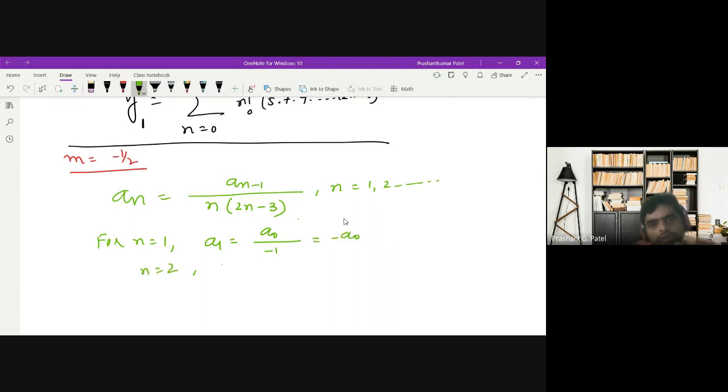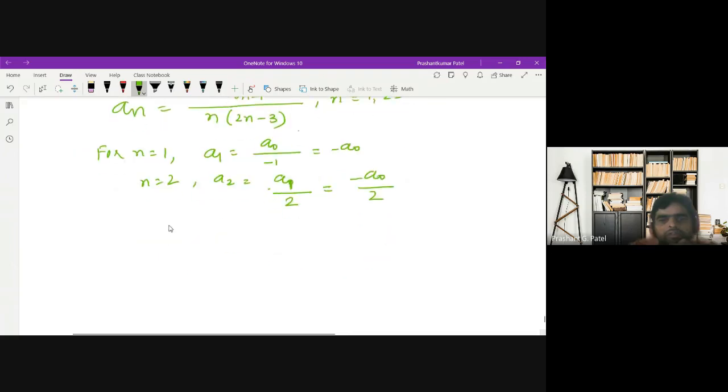For n equal to 2, a2 will be a1 upon 2 into 4 minus 3. So it is a1 upon 2. But a1 is minus a0, so it is minus a0 upon 2. What is a3?